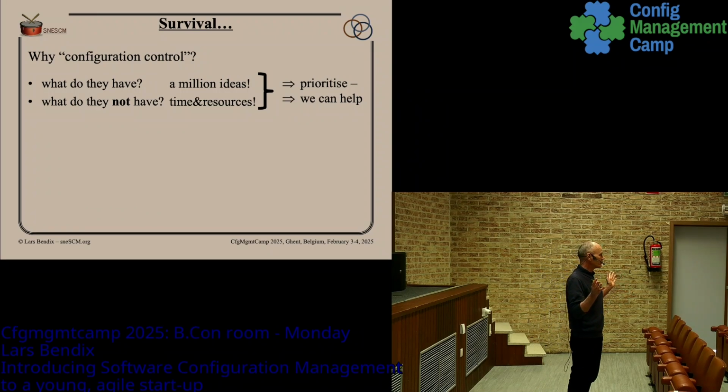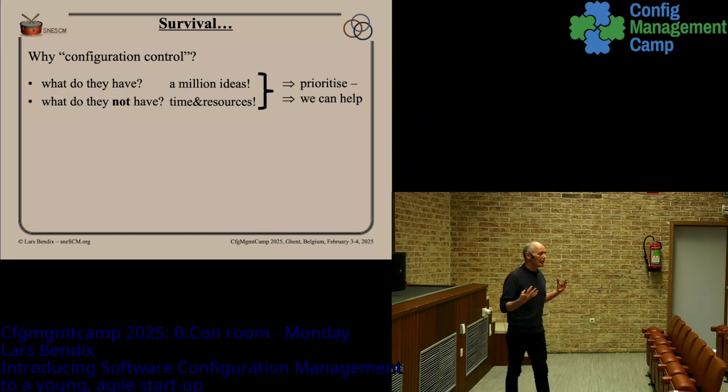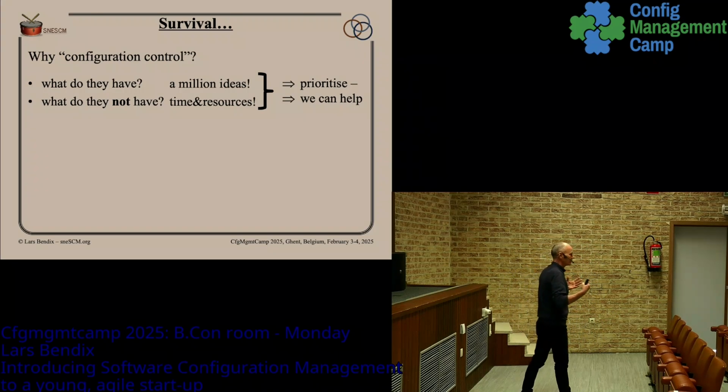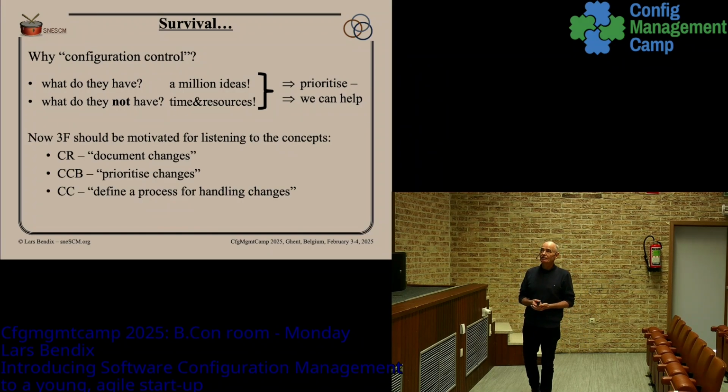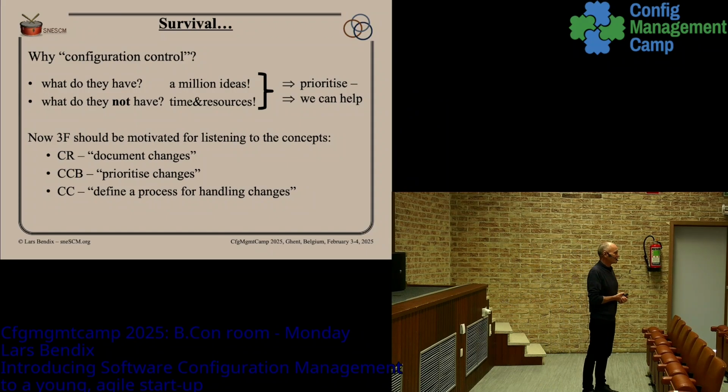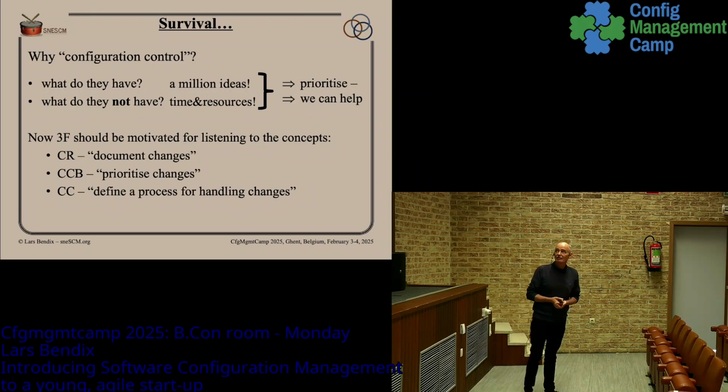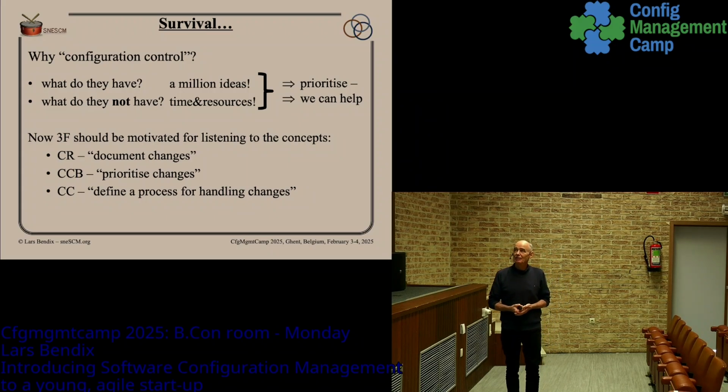And we as configuration managers, we can help on that. We know of good ways of working when you have to handle 1 million ideas and prioritize them. What is that you should do? So at this point, when these 4 guys realized that maybe configuration control is important, we need to focus, we need to prioritize, they will be ready and motivated for listening when I talk about change requests, a CCB, and a change process.